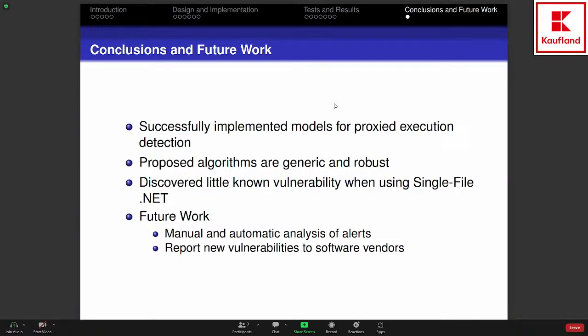We have discovered at least one potential vulnerability, which is very likely real since we have managed to reproduce it with a test project. We expect to find many more by continuing to analyze the alerts from our monitoring components, which are being deployed in an anti-malware solution.